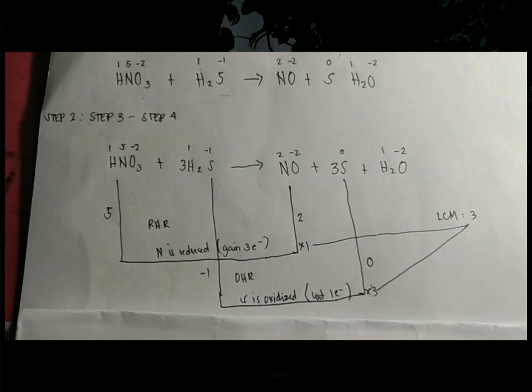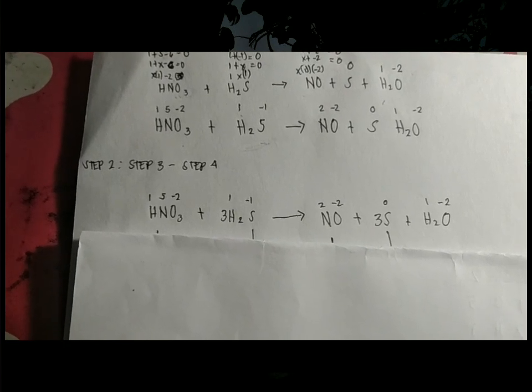So now we are going to proceed to the next step, which says identify the half reaction or redox reaction by using an arrow. So now, na-simplify na natin yung equation. So, gagamit tayo ng arrow para ma-identify natin yung half reaction or yung redox reaction ng equation.